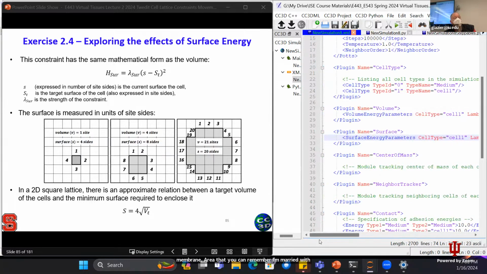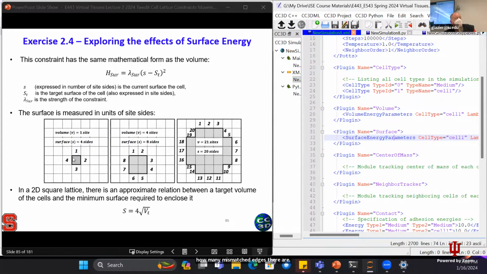And in our case, we have to ask, how is the membrane surface area of the cell measured? And it's measured in a slightly strange way, which is we go around the surface perimeter of the cell and we count how many mismatched edges there are on the cell.